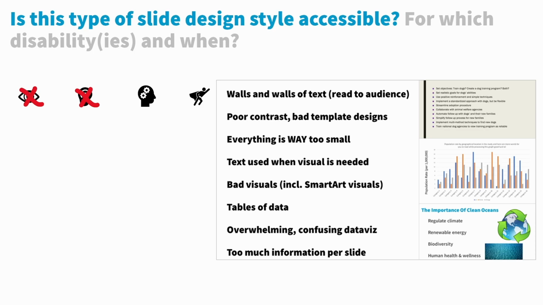What about difficulties with thinking, remembering, and learning? Oh boy. Without question, these slides are the worst, literally the worst for anyone who has trouble with this. If you have ADHD or you're not neurotypical and you have to watch a status quo style presentation, it's so overwhelming. It's so confusing.